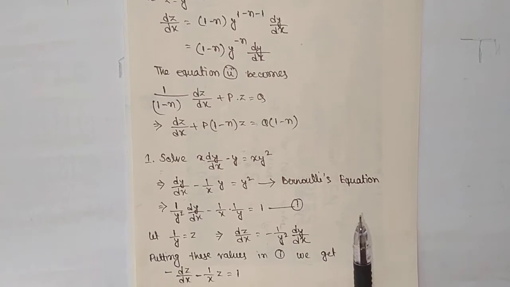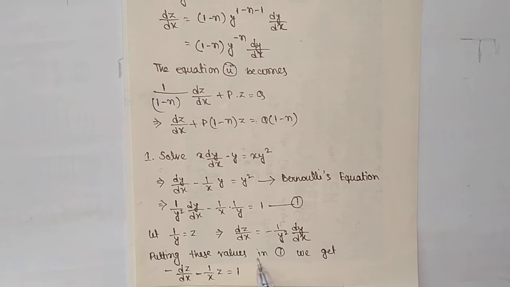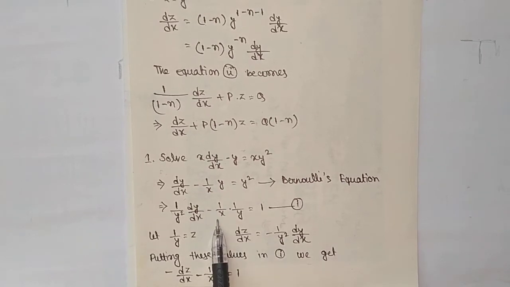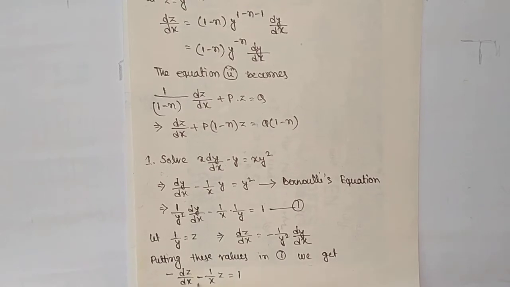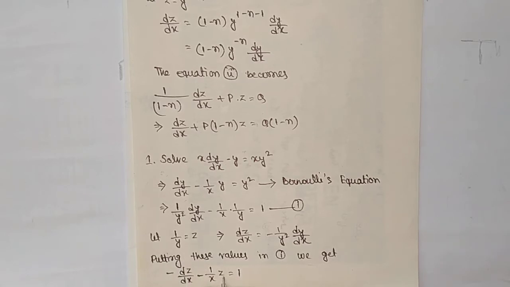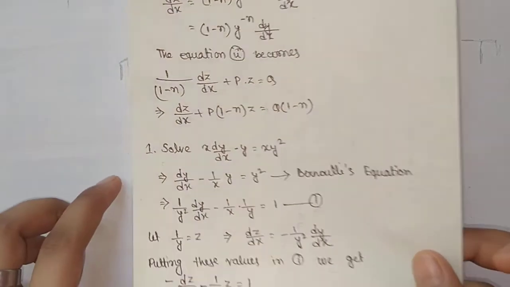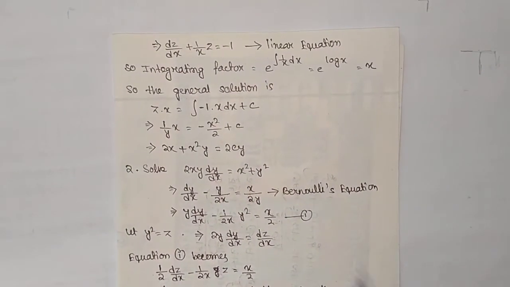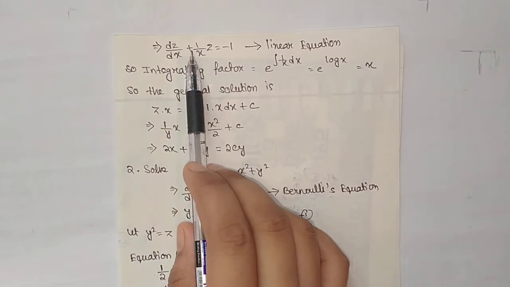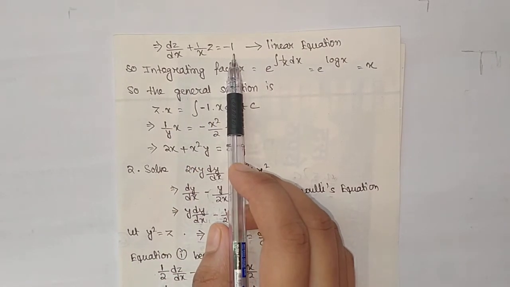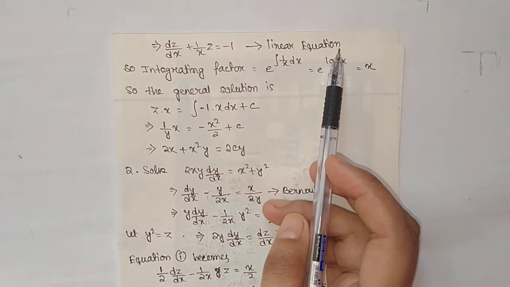So putting these values in 1, we get (1/y^2) dy/dx means -dz/dx, minus (1/x)(1/y) means -(1/x) z, equals 1. Now we get dz/dx + z/x = -1.